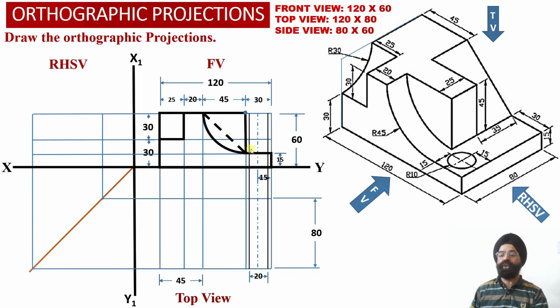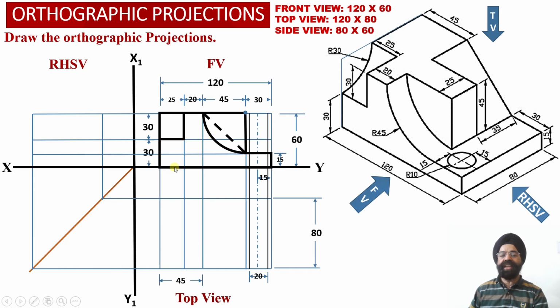Another thing we should observe into the front view projections: since this surface shown over here on the front face of the solid happens to be parallel to the vertical plane, its projection onto the vertical plane will be represented as true shape projection.